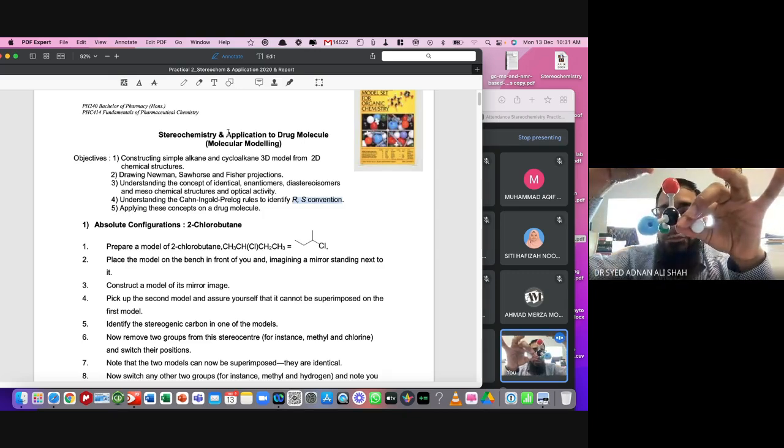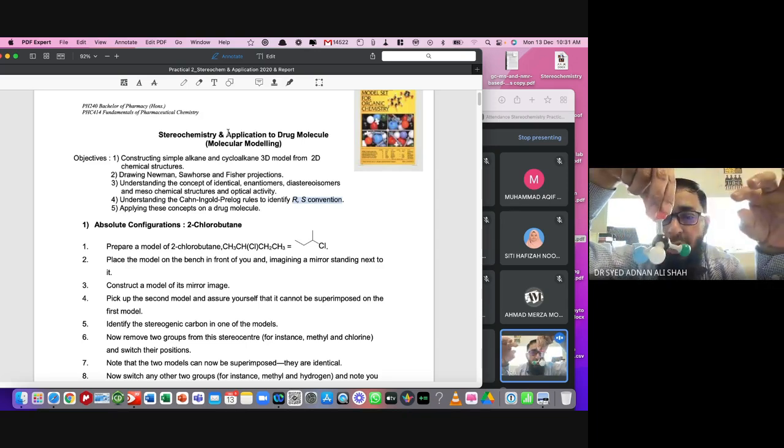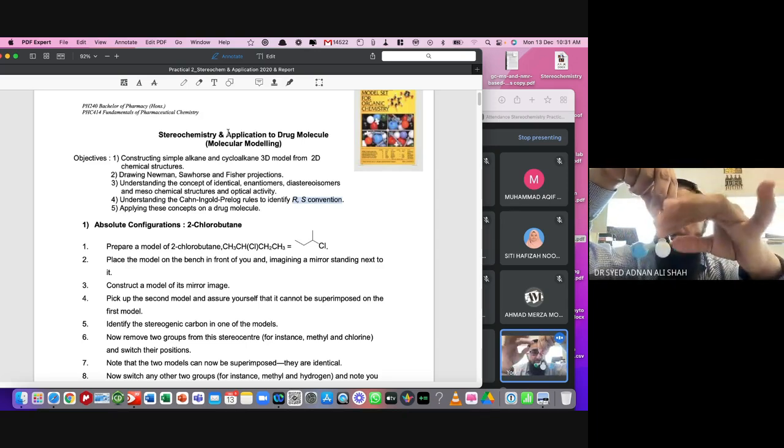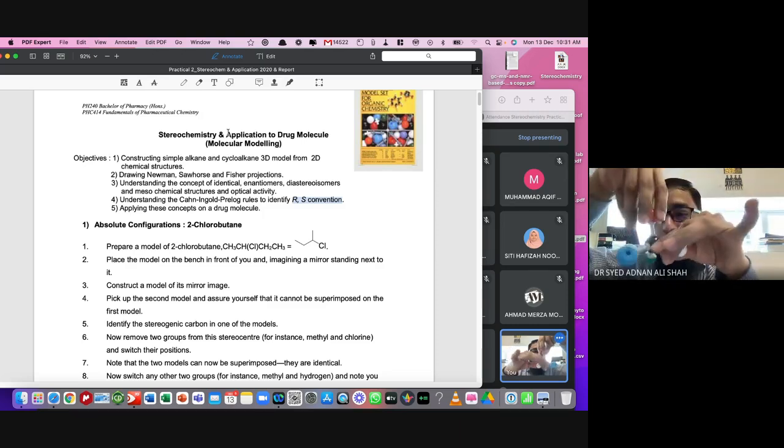So from the 3D model, how can you define the configuration of the molecule? You can hold it in your hand like this and move this hydrogen to the back. At the back means from my side it is at the back, but from your side it is front, right? So we move this hydrogen to the back like this.